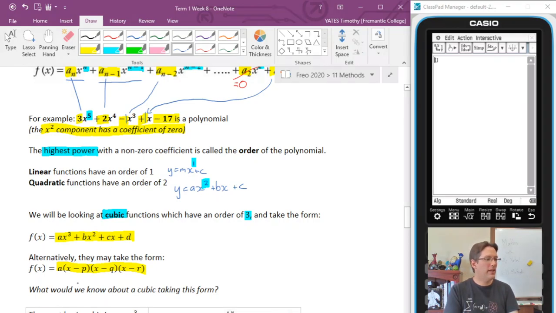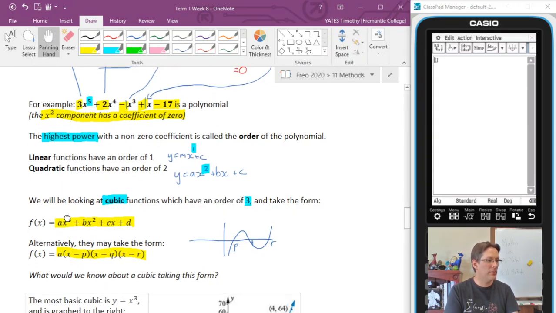What it means is that it will have 3 x-intercepts at p, q, and r. So if I was to draw my cubic, it might end up looking like that. You can try writing this and seeing what it looks like in your calculator, in your ClassPad, so you can get a bit of an appreciation for what exactly is going on. So that's what we know about a cubic taking that form.